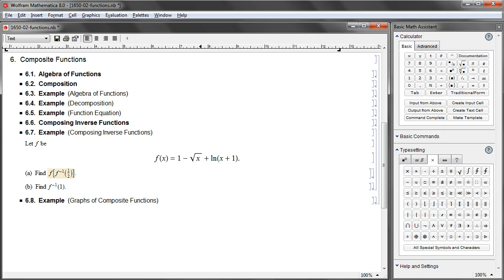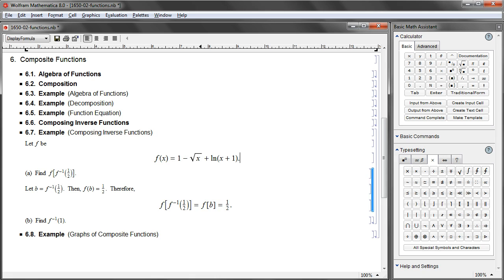It is just composition of the original function and the inverse function. So this f and f inverse part simply will cancel each other out, and we'll simply get 1/2. I don't have to do any computation with this expression. We have to simply get the original one back.